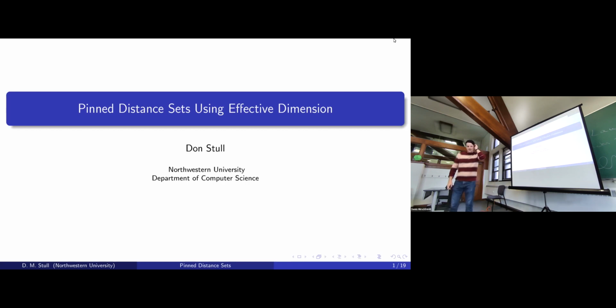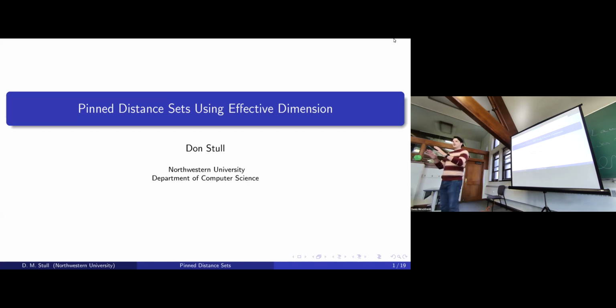So in this talk, in the last 5 years or so, it's been discovered that algorithmic randomness and effective methods can actually be used to make progress on some problems in classical geometric measure theory.